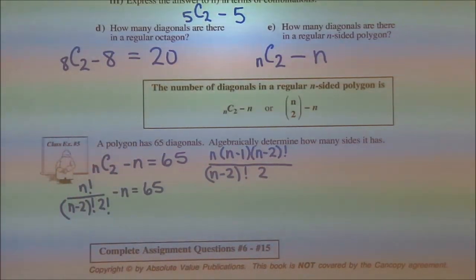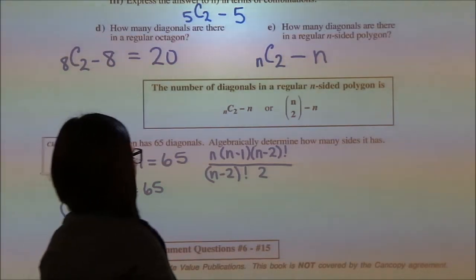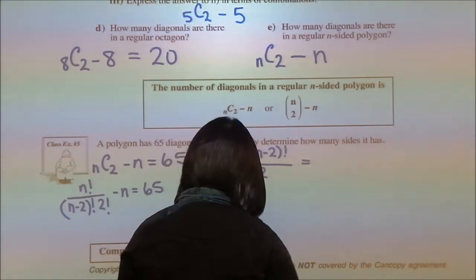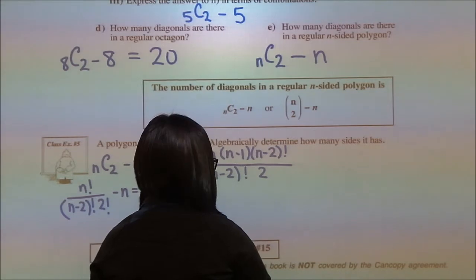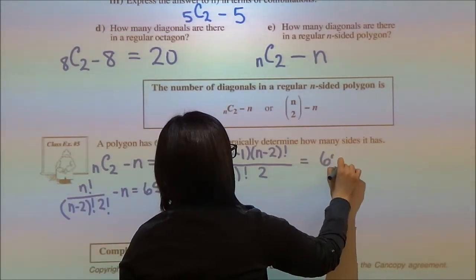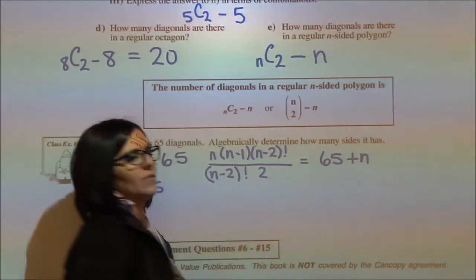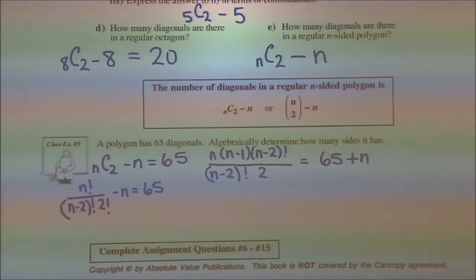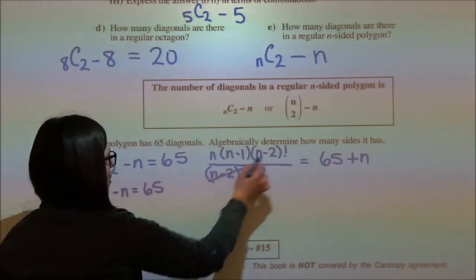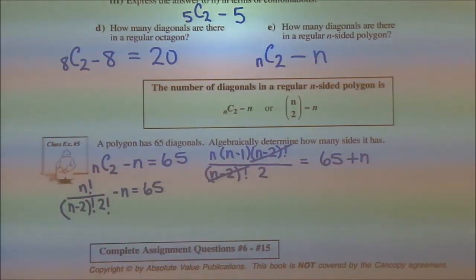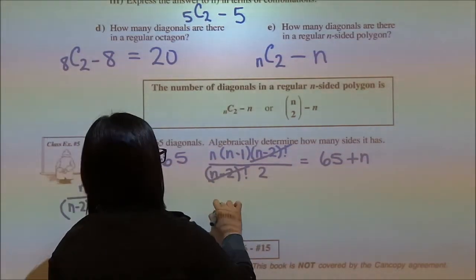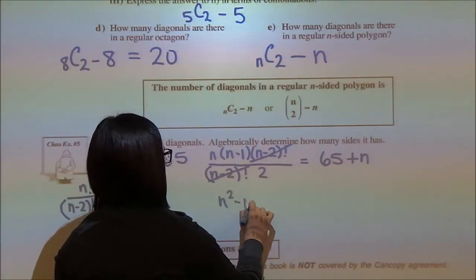And 2 factorial I can just write as 2. I'm going to put the other n on the other side with the 65, just because I think it might make it a little bit simpler for the next part. Now I can cancel out my 2 factorial factors. Expand the top, I get n squared minus n.